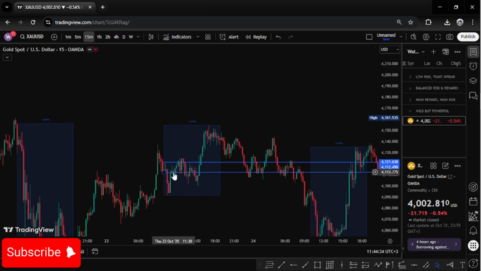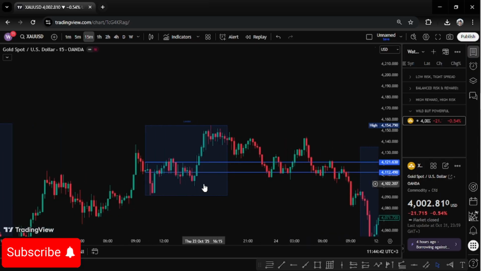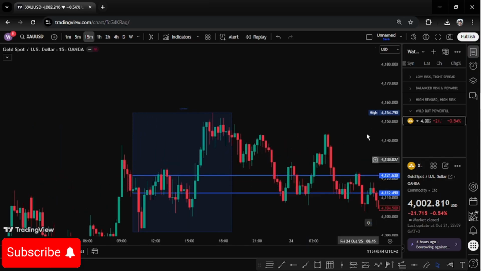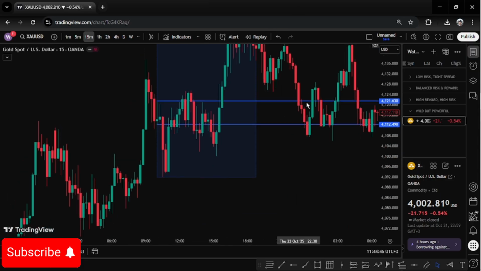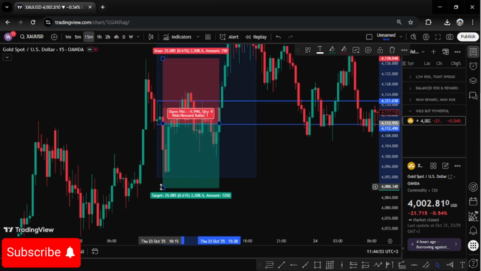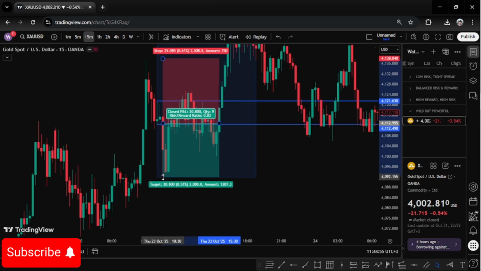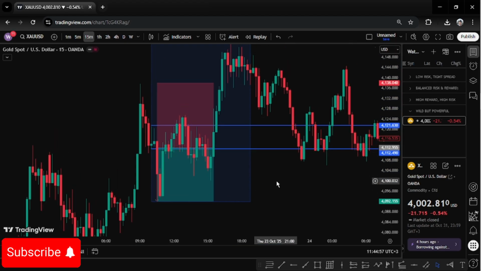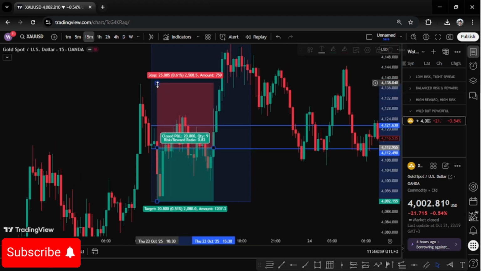As you can see, this specific day we had a very small RR, okay. So it's always good, after the market has moved like 30 to 40 pips, to adjust your stop loss to break even, or you can adjust it to the profit side, okay, guys.